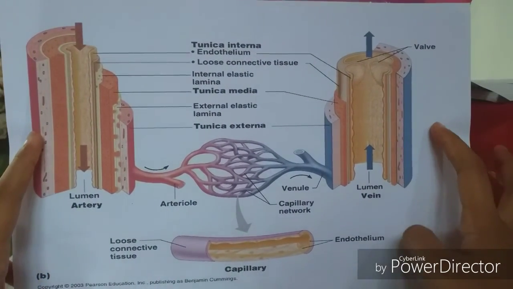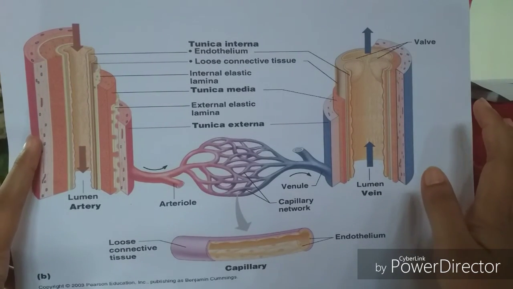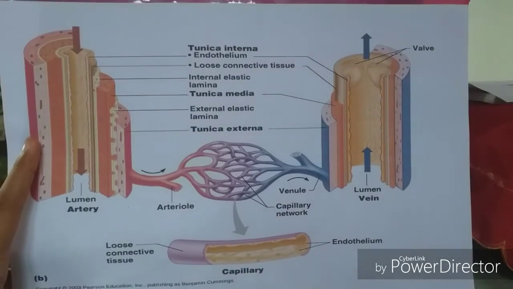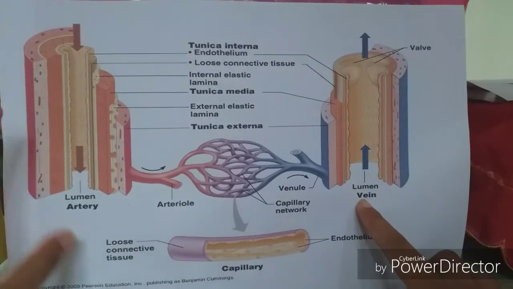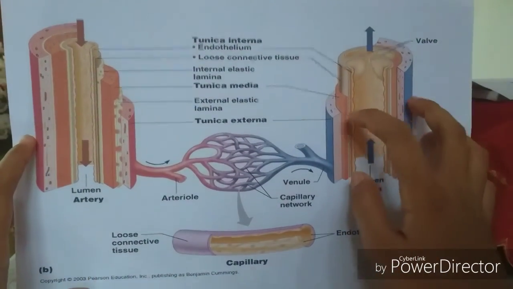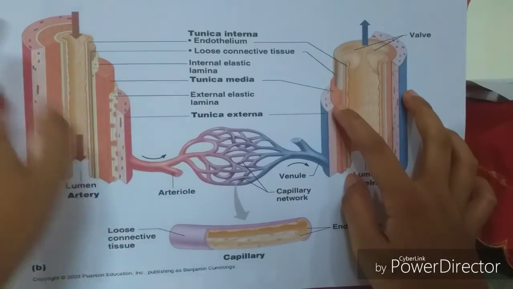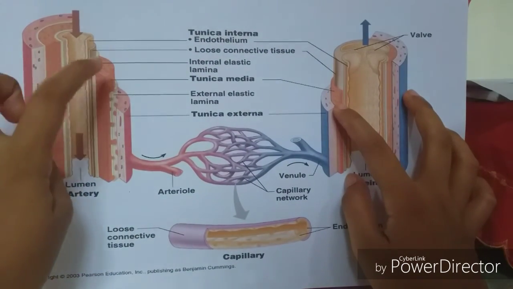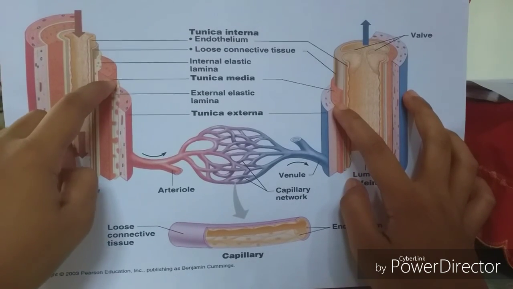And iya kinds: the arteries, arterioles, capillaries, venules, and veins. So the vascular system, the vein and the artery. Notice the difference between them. Tunica media, vein is thinner than the artery, which is thicker.